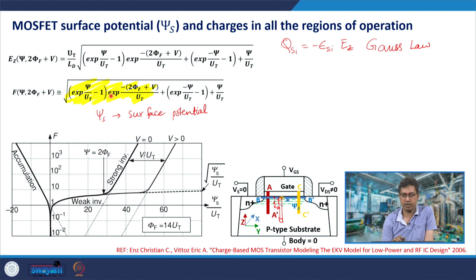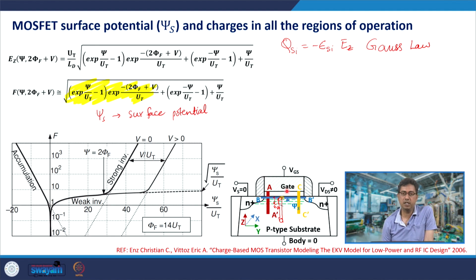We had written the Poisson equation in the previous lecture, and we integrated from the edge of the depletion region till the interface. In that Poisson equation, the electron charge term resulted in this. This represents the electron density per unit area, looking from the top.